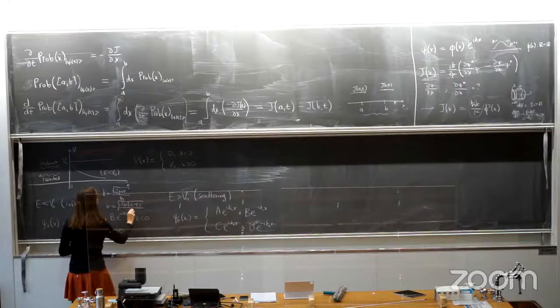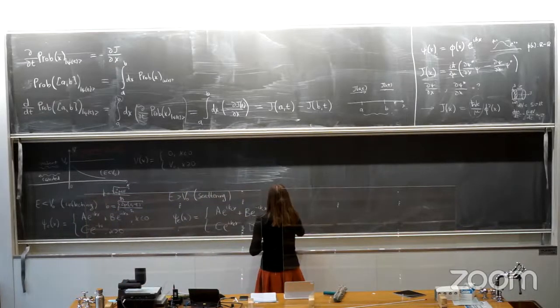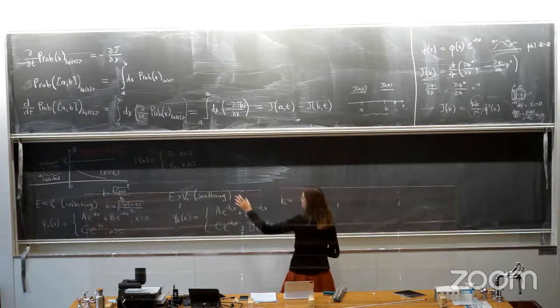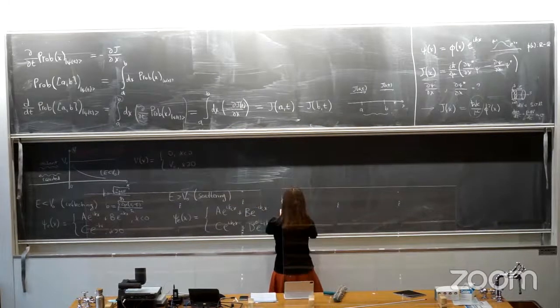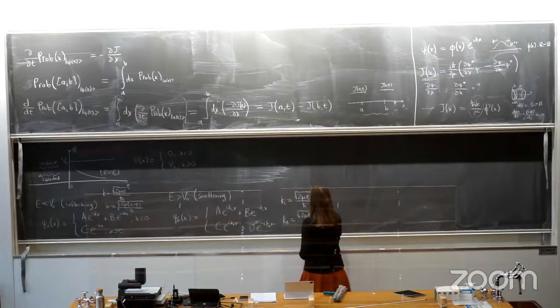And for k_L we have the same thing as for k, because they correspond to the solutions of the same Schrodinger equation in the zero potential. So k_L is the square root of 2 mu E over h bar, and k_R is the square root of 2 mu (E minus V0) over h bar.